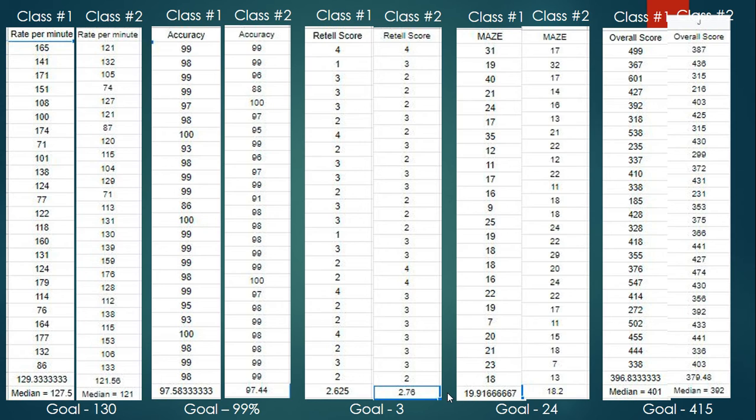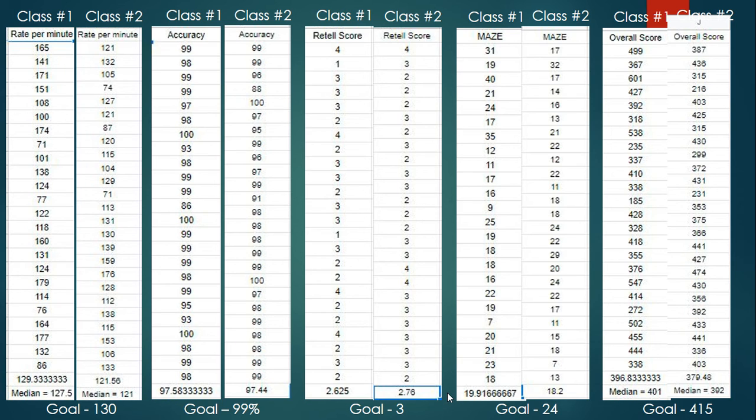For their summary, that one was a little bit of a concern for me because, as you can see, their goal is a 3, but most of the students ended up by the average at the end was like a 2.5. So that means at least half of my students are not actually doing what would be expected for a summary at the end of the year. So that can become an area of focus for me as well.